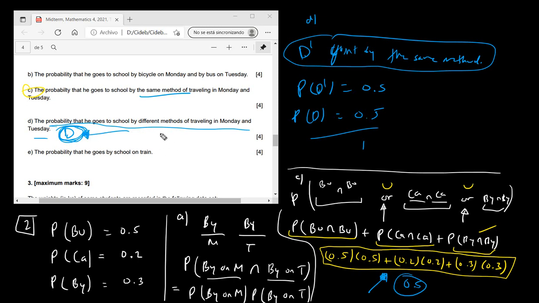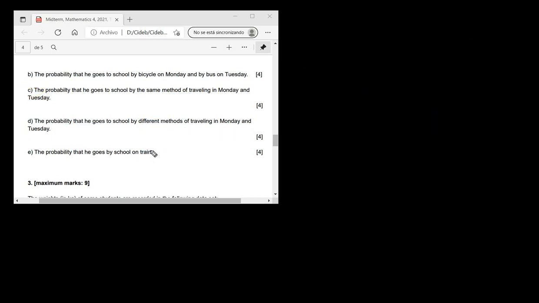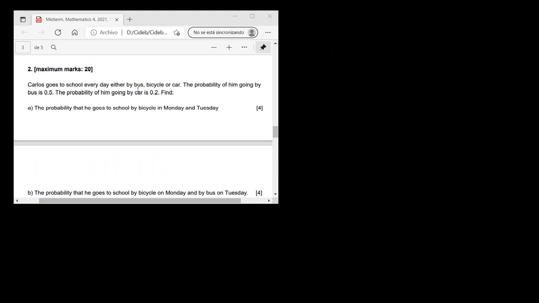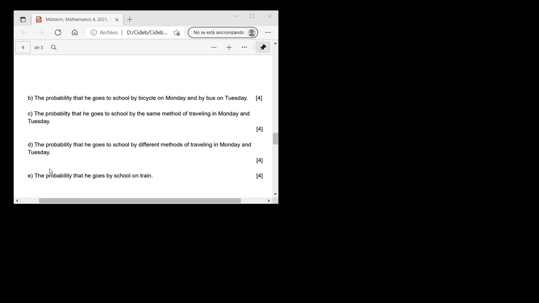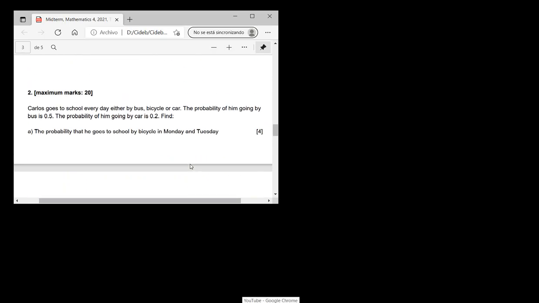It's much better sometimes to calculate the probability of its complement, which may be very easy, and then by making use of the known formula, if you know this, then you can know this. That's how you can solve this one. And the probability of going by train is 0, because the problem clearly states that it's either by bus, bicycle, or car. So this is 0. And that's problem number 2.